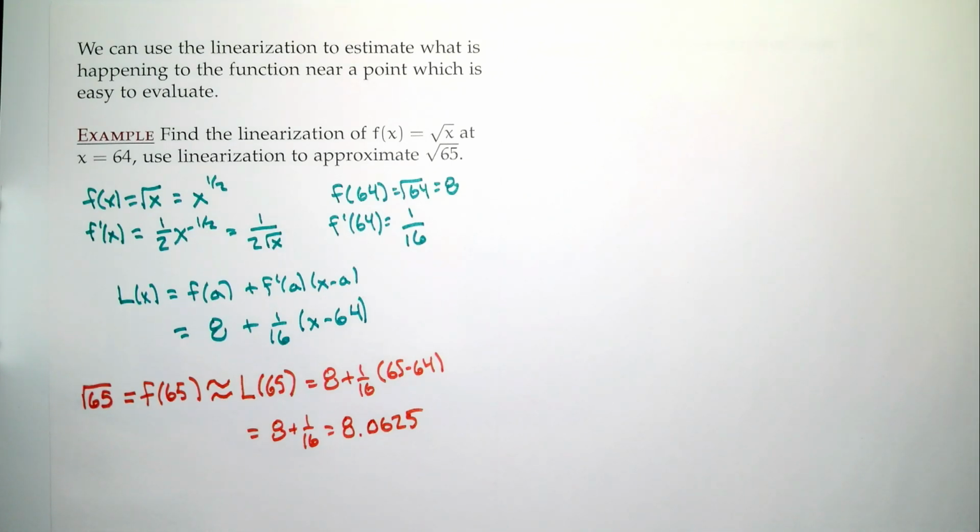Now, are we close? What do you think? Unfortunately, I don't have a calculator, but I suspect many of you might have some piece of technology that we can check this with. I'm pretty confident about the 8. I'm 99% certain about the 8.